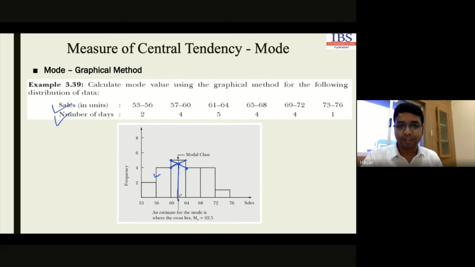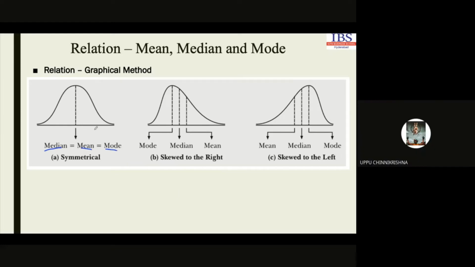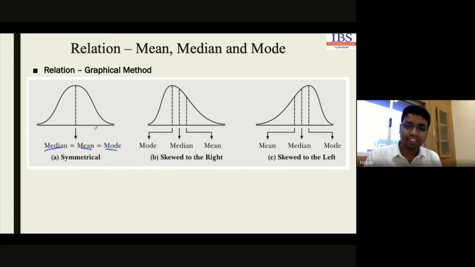Now we have discussed mean, median and mode. Let's see the relation. If the value of mean equals median equals mode, that means our distribution is symmetrical. Now, if our distribution is right skewed, most of the data is located at the left side, and the tail of the distribution will be longer on the right side.